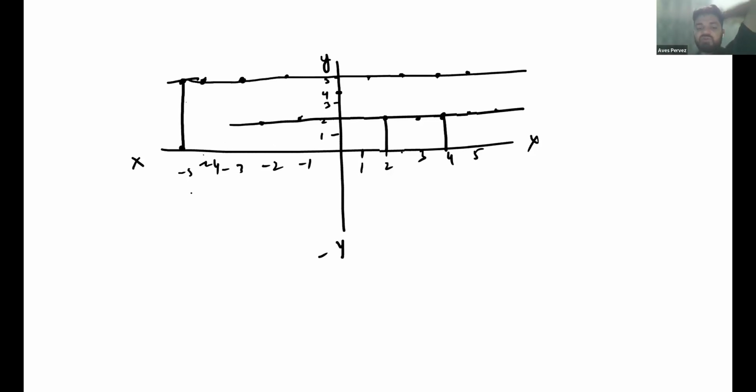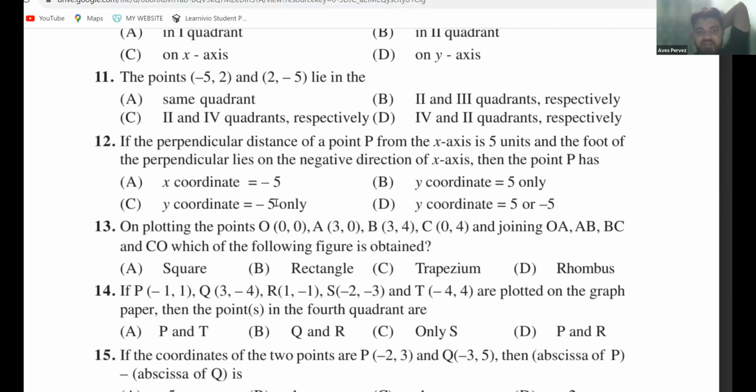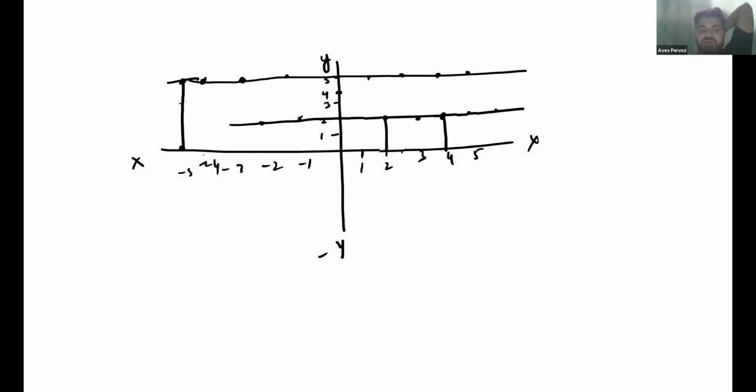Okay, negative of 5. So what is being asked in the question? Now you can consider: what is the coordinate of this point? To reach this point, you need to travel minus 5 in this direction and then positive 5 in this direction.